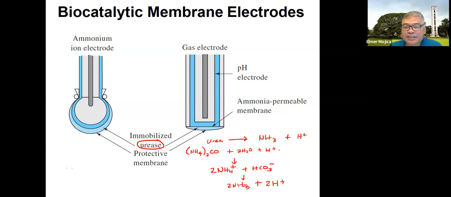So what does it detect? If you have an ammonium ion electrode, what does it really detect? It detects ammonia. So we could say this type of biocatalytic membrane electrode is an ammonium ion gas sensing electrode.